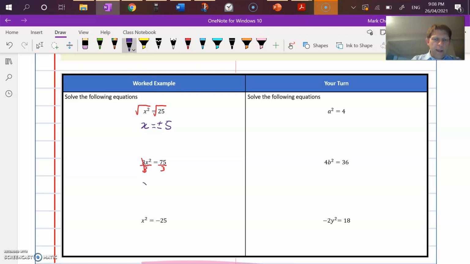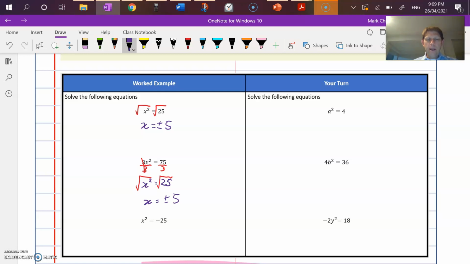I'm going to be left with x squared equals 25, because 75 divided by 3 is 25. And then much like the previous one, I'll have to take the square root of x squared to find out what x is, which means I need to take the square root of 25. So that's going to give me x equals plus or minus. Just be ready to write that in every time you take a square root in algebra. Okay, so that's our answer there.